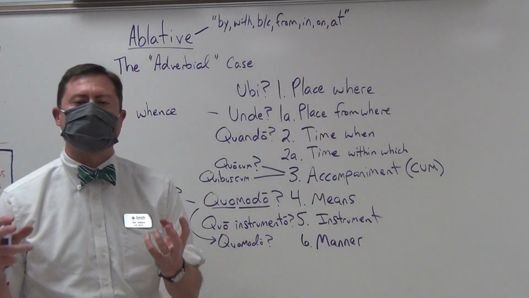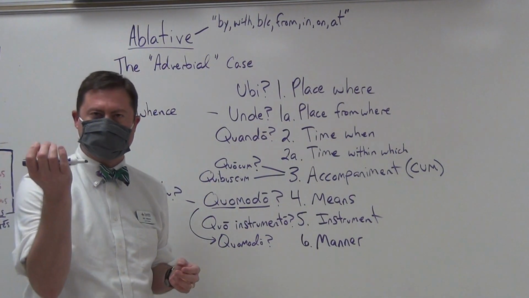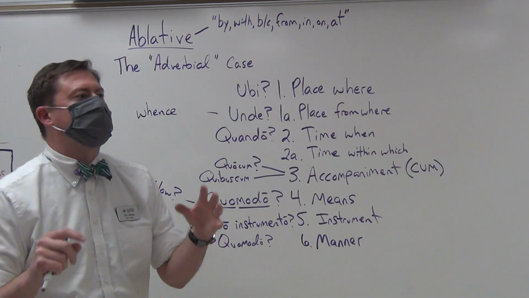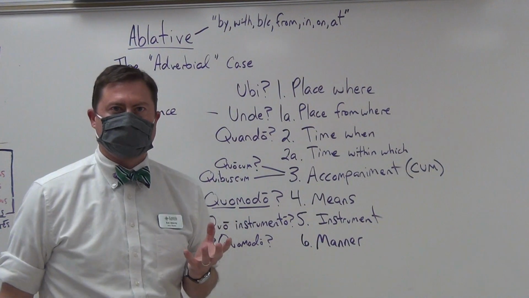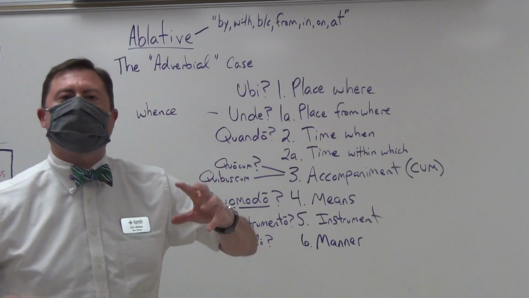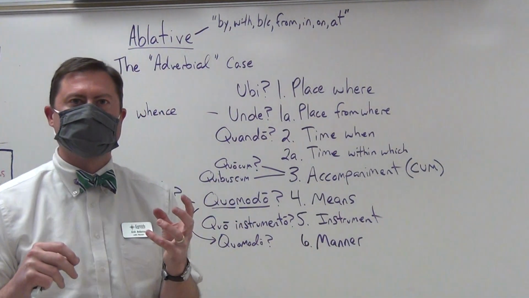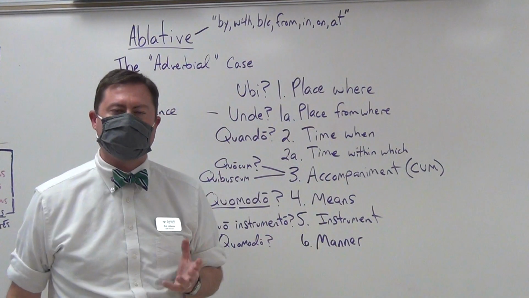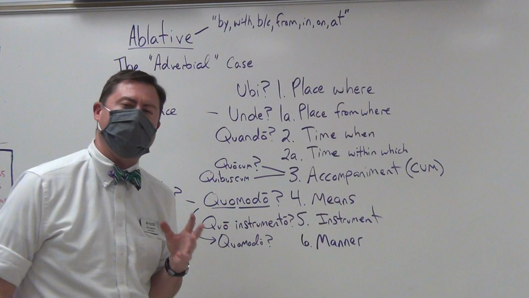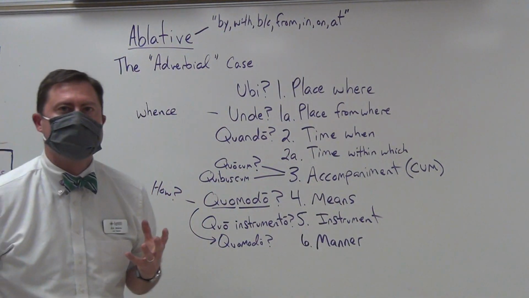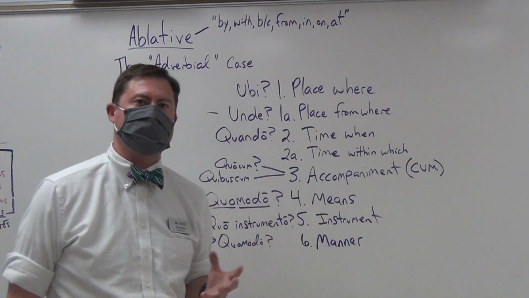So not concrete. A marker is concrete. Love as an emotion is an abstract quality. And so abstract means not being able to hold it in your hands. More so an idea. Now nouns are people, places, things, and ideas. That is your ablative of manner. The abstract quality with which an action is done.